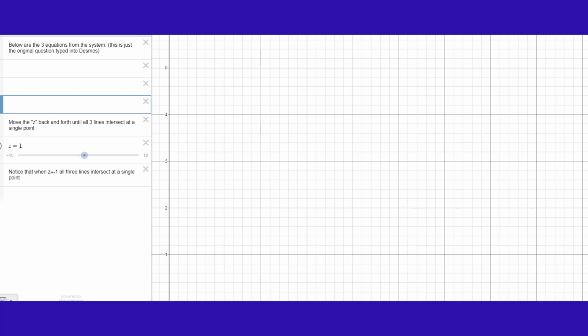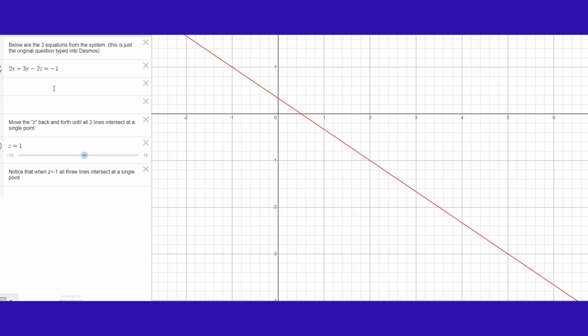Once you use substitution, then you can come over to Desmos, and because I want you to practice using Desmos and using that slider to find your solution to that system, let's input another system with 3 variables. So in this system we've got 2x plus 3y minus 2z equal negative 1. And let me grab that over there because it's way down there.